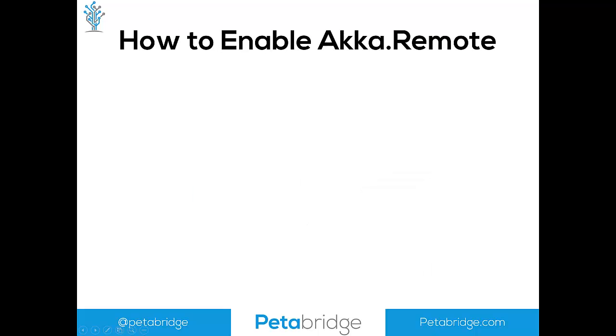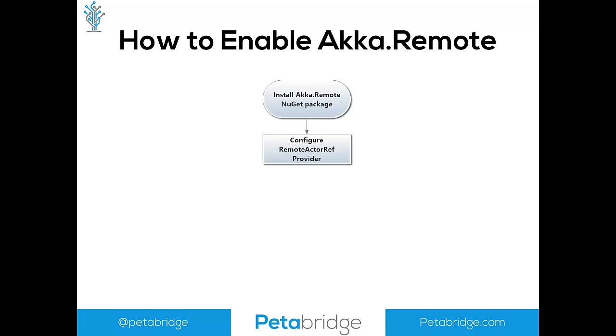All right, so the process of enabling Akka.Remote is as simple as using NuGet. The first thing you need to do is install the Akka.Remote NuGet package. That contains all the binaries that are needed to make this work. And then within your HOCON configuration, when you're starting up your Akka.Net application, you need to enable the Remote Actor Ref provider. And I'll show you how to do that in just a moment. The next thing you need to do is enable at least one transport.